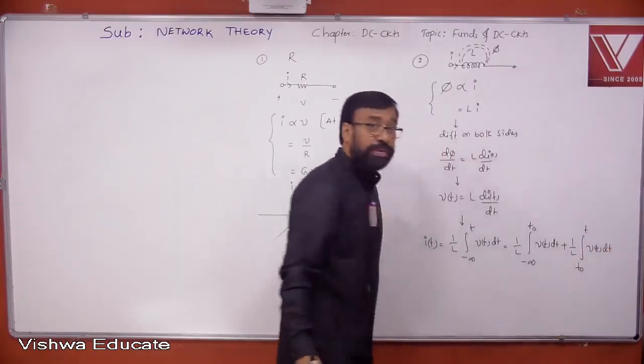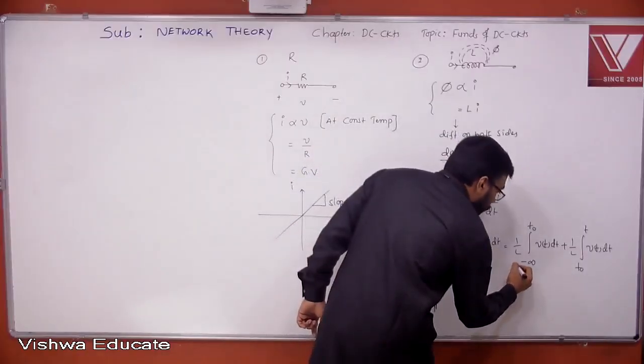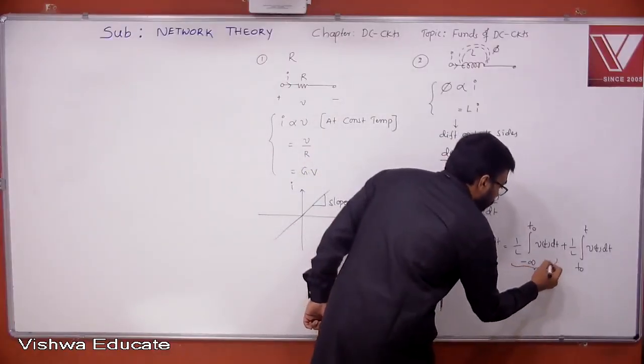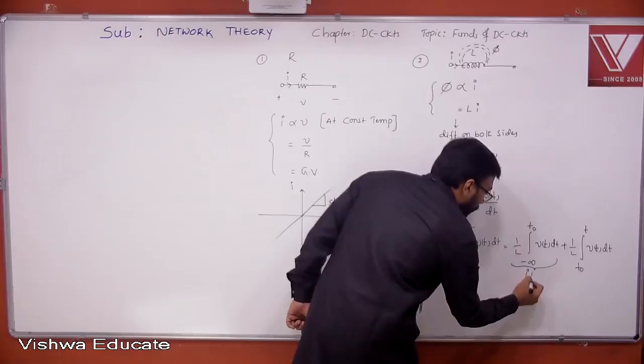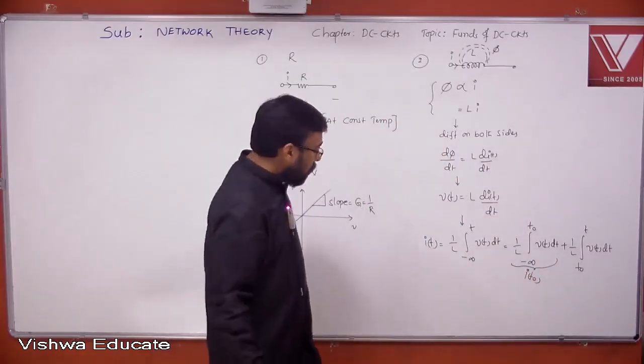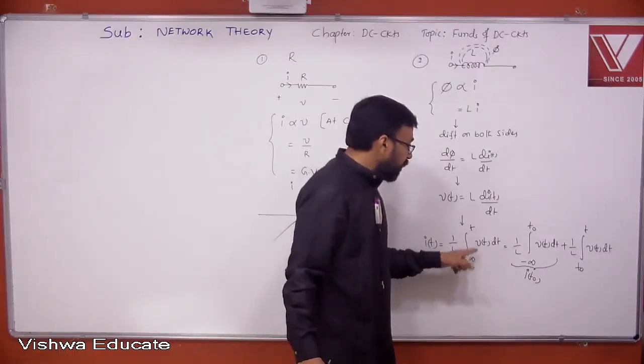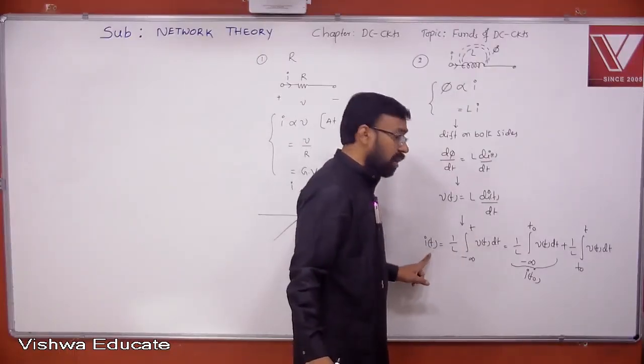Hope you understand, all of you. Now this particular part, I can write it as I of t naught. Why? Because when you have minus infinity to t v of t dt times 1 by L, it gives I of t.